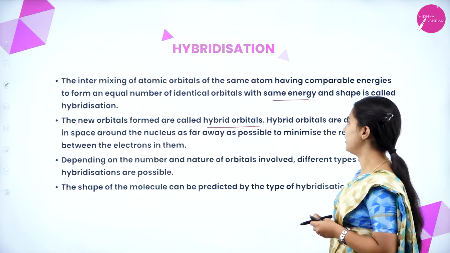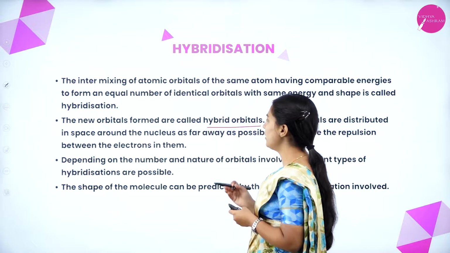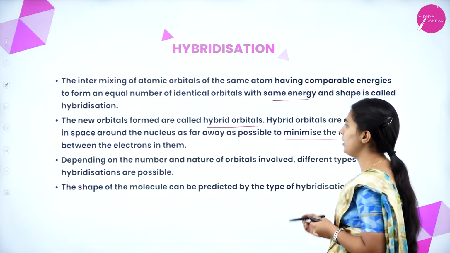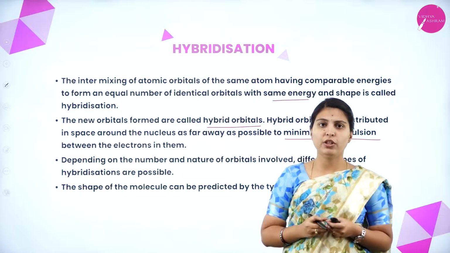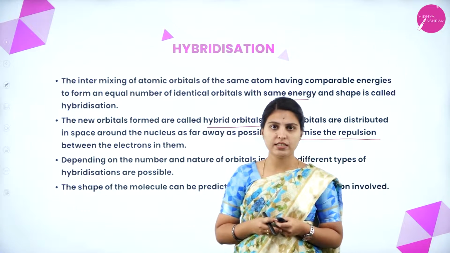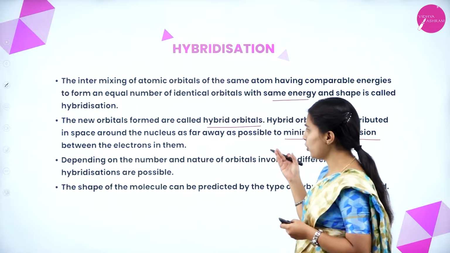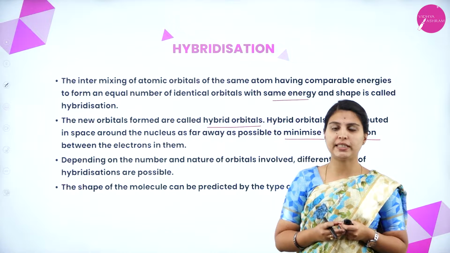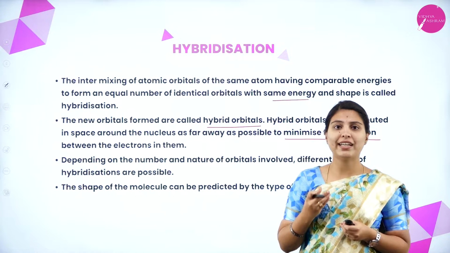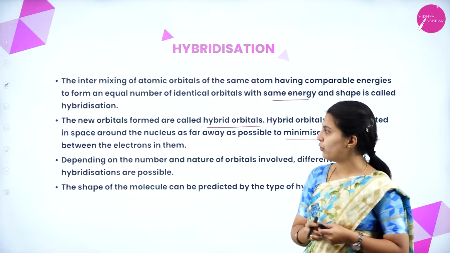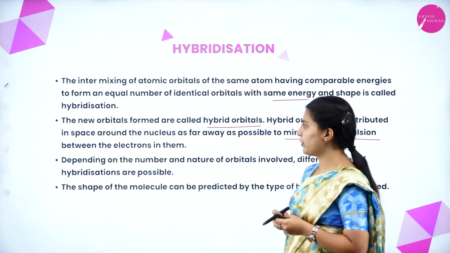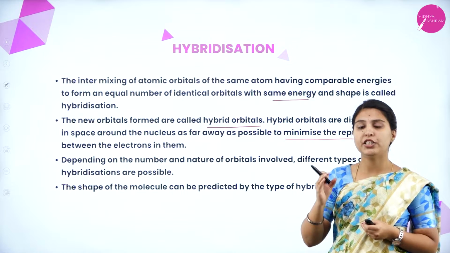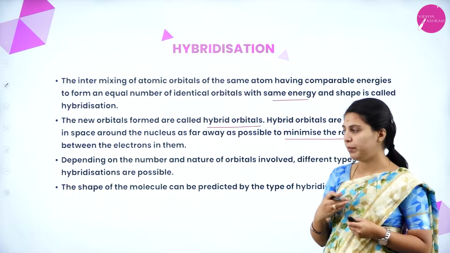Hybrid orbitals are distributed in space around the nucleus as far away as possible to minimize the repulsion between the electrons in them. We know all the electrons are negatively charged. So if electrons are present a little near to each other, they will create some repulsion. So the hybrid orbitals are distributed as far as possible so that they do not get repelled by one another.